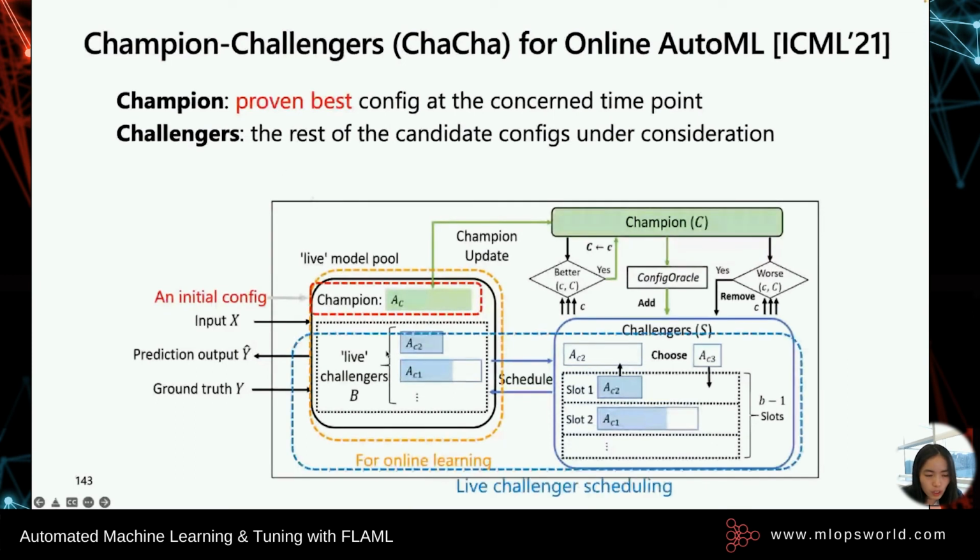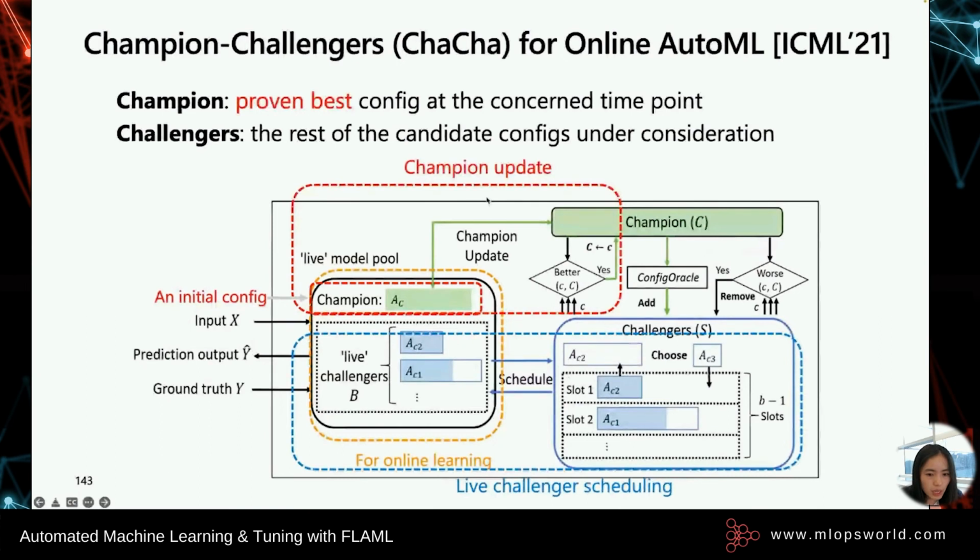The overall goal of this framework is to properly allocate the limited computation resource to try new challengers, and at the same time, to promote the most promising ones to be a new champion, such that we keep track of a good one to use.